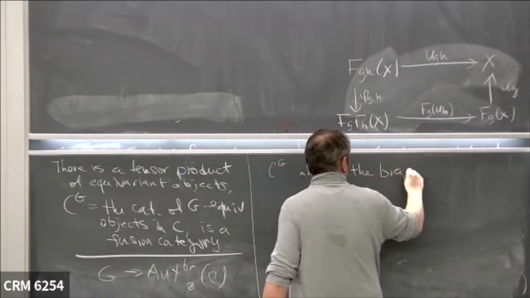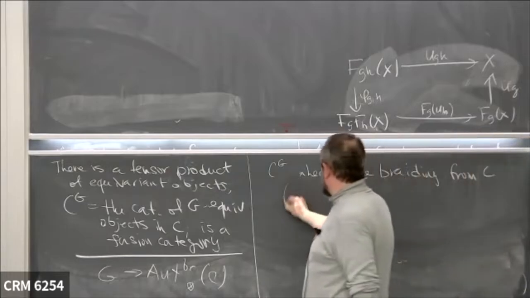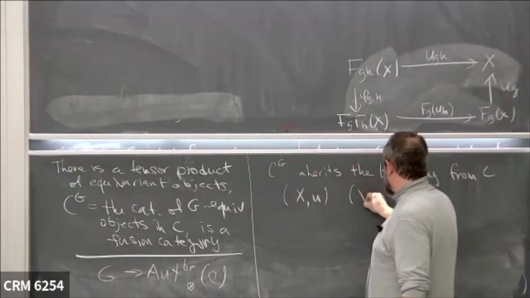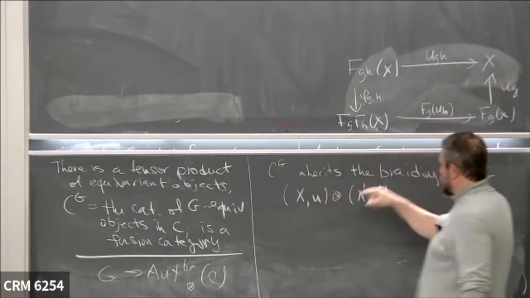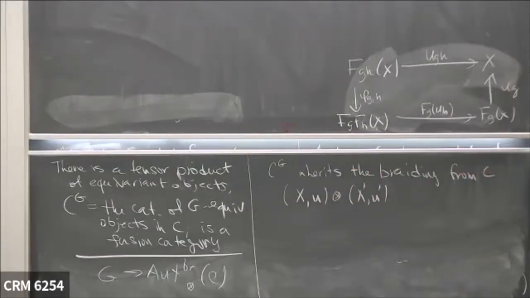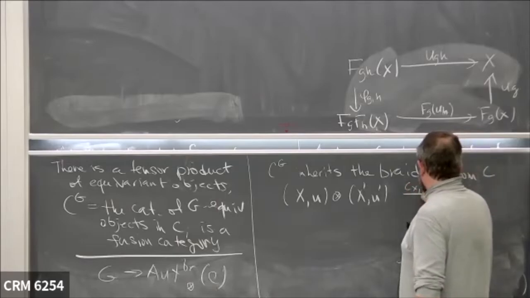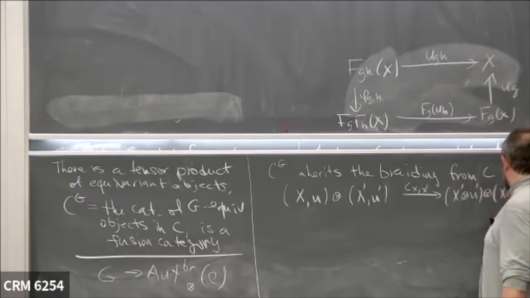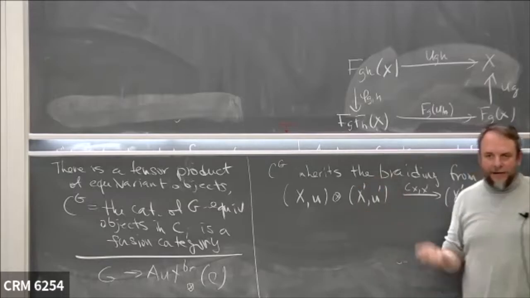So what I mean by that: if you have a pair of equivariant objects, (X, U) and say (X', U'), where X is an object of C and U is the equivariant structure, then the braiding of C on X and X' should be a morphism from X tensor X' to X' tensor X, but in fact it's a morphism in the equivariant category.